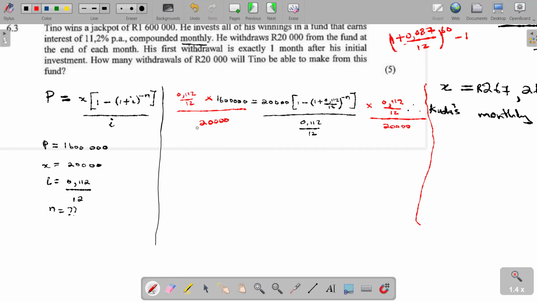So simplifying that, this is going to divide with that. This is going to divide with that. So you'll be left with this part, which is 0.112 over 12 multiplied by, if we simplify here, dividing, you would realize that 1, 2, 3, 4 zeros, 4 zeros. So it's multiplied by 80. Yeah, it's going to be multiplied by 80.